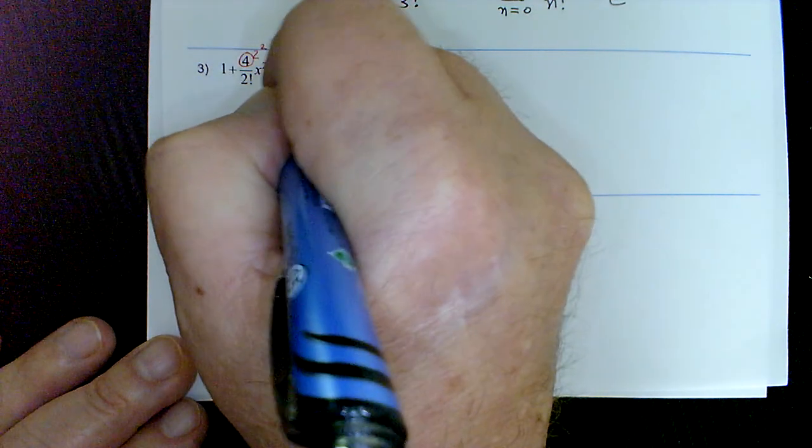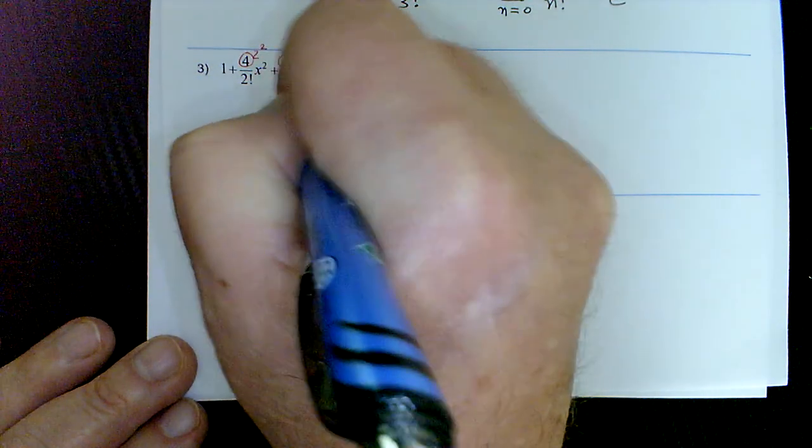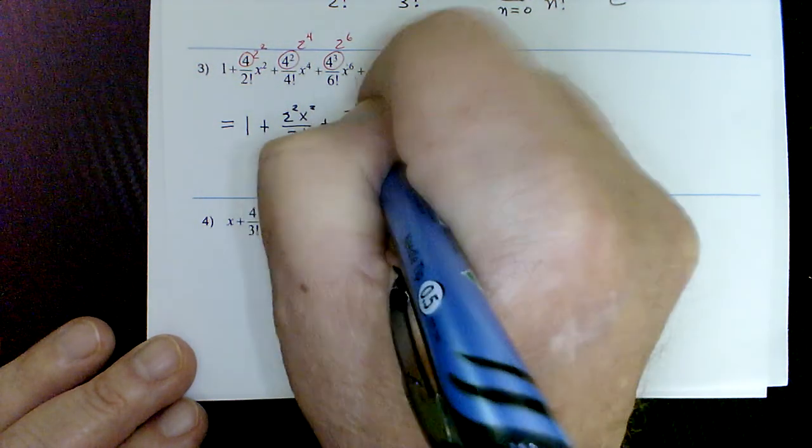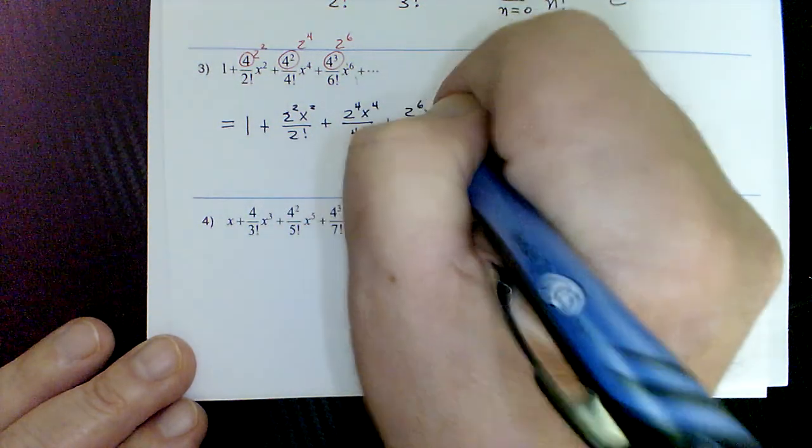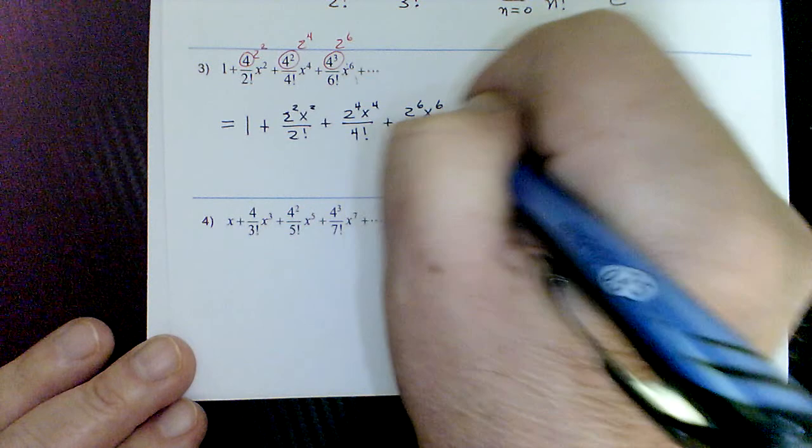So this can be modified by writing it as 1 plus, here, let me do it in 2 steps. 2 squared x squared over 2 factorial plus 2 to the 4th x to the 4th over 4 factorial plus 2 to the 6th x to the 6th over 6 factorial, and so on.